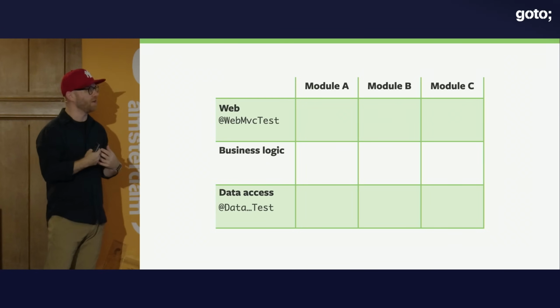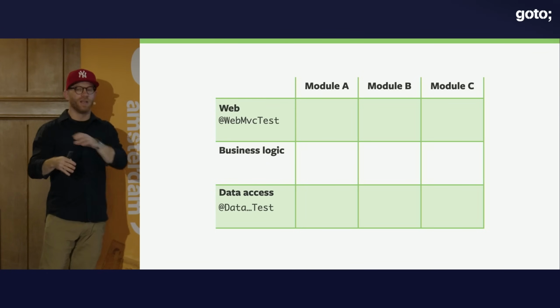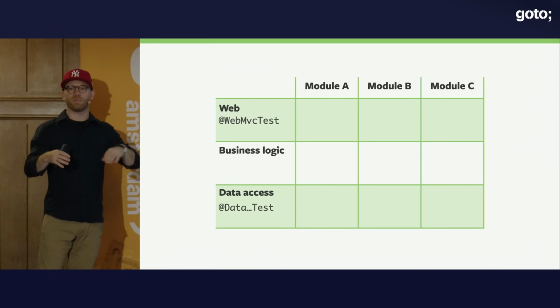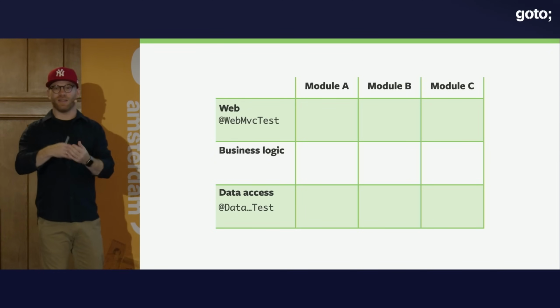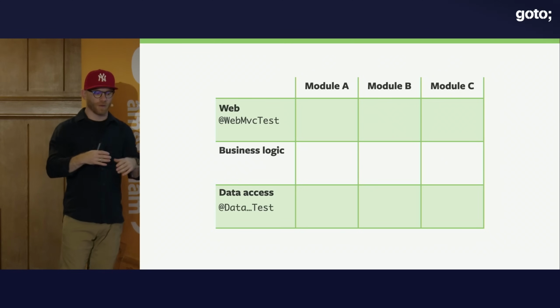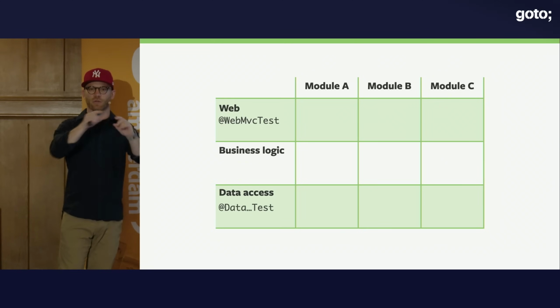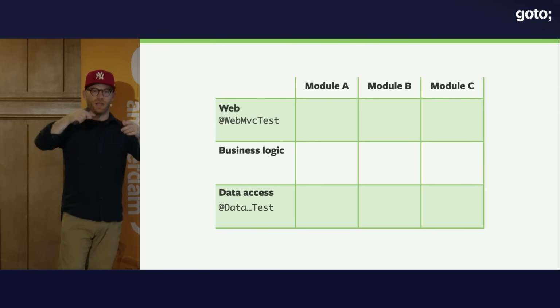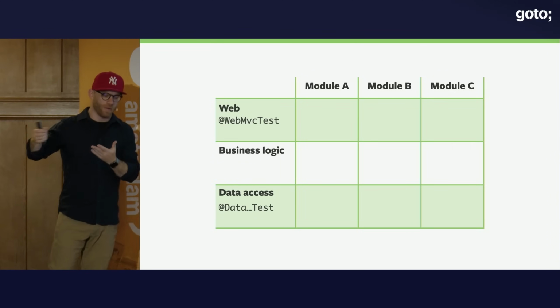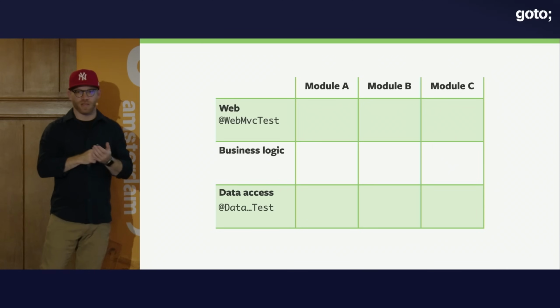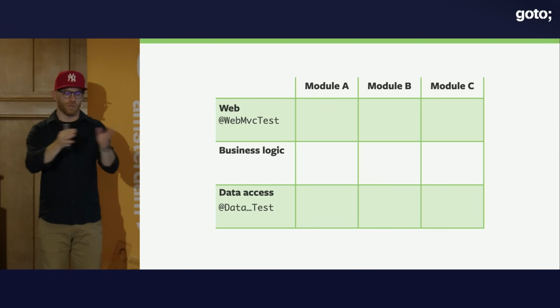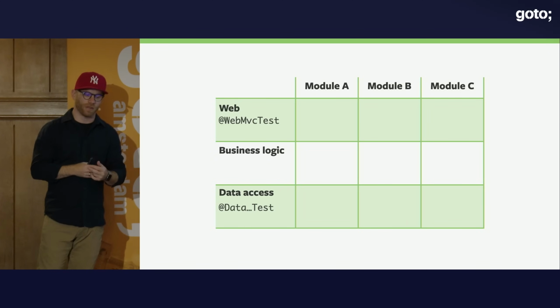So there's a natural limitation of what the framework is interested in, and this is usually horizontal layers, because the framework is interested in applying technical guidance on these layers, right? Controllers are exposed as URIs through your web server, or in data access, there's exception translation from JDBC exceptions into a general purpose data access exception hierarchy.